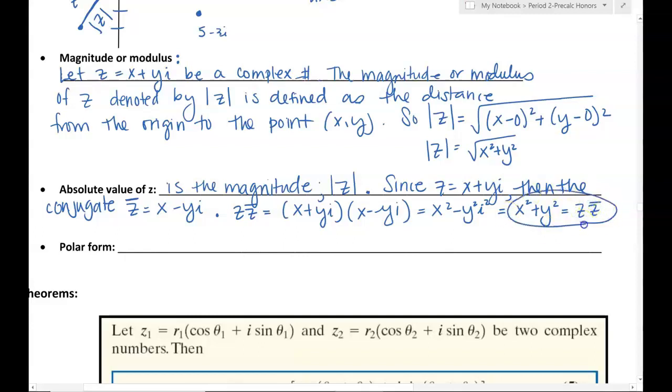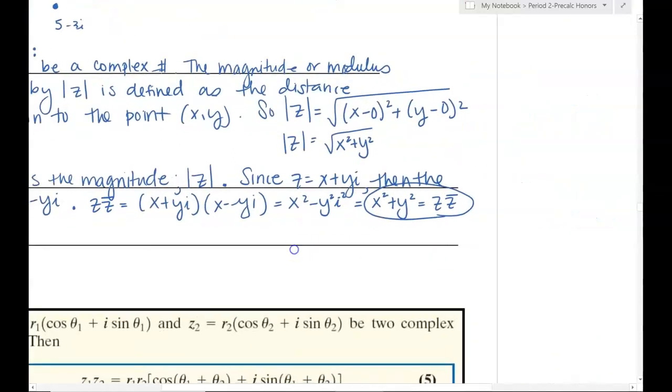So think of this equation for me. Would you agree that if we're looking for the distance of z, z and z conjugate will have the same exact distance? So if we are talking about distance, they are identical.